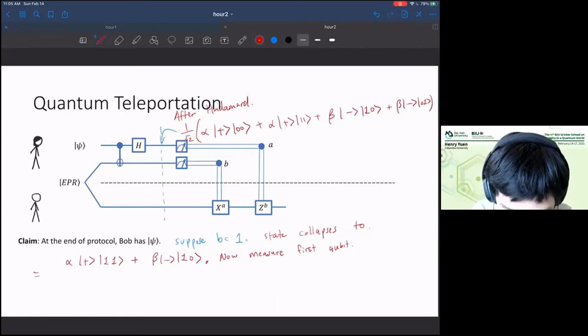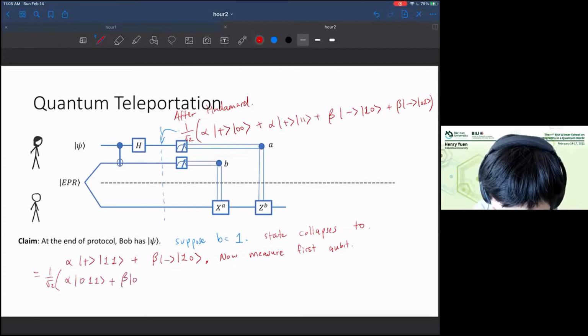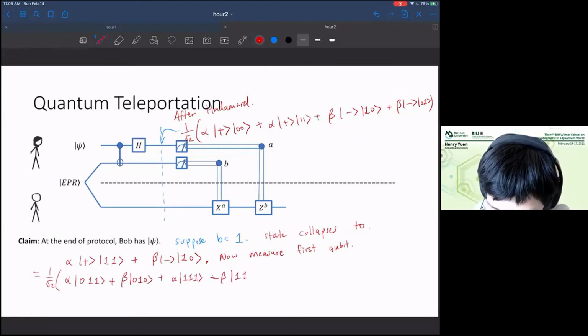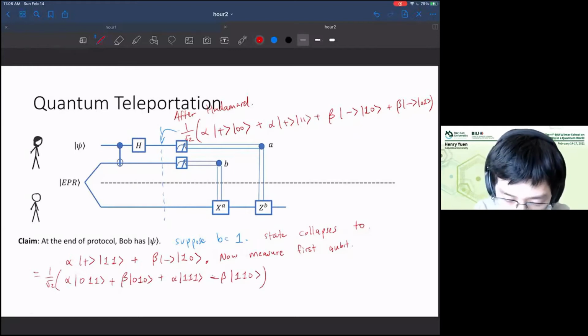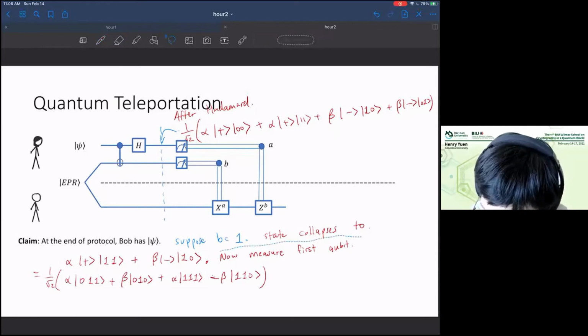So this is, up to normalization, 1 over square root 2 times alpha 0, 1, 1 plus beta 0, 1, 0 plus alpha 1, 1, 1 minus beta 1, 1, 0. Okay, so now we're going to measure the first qubit.